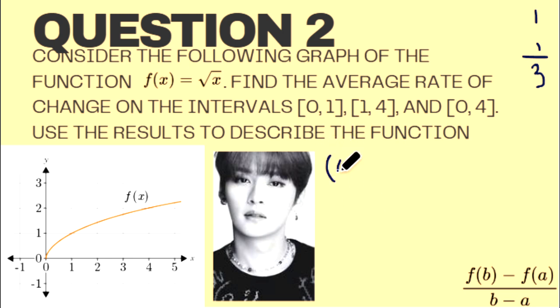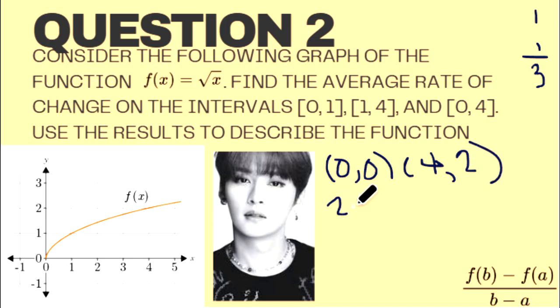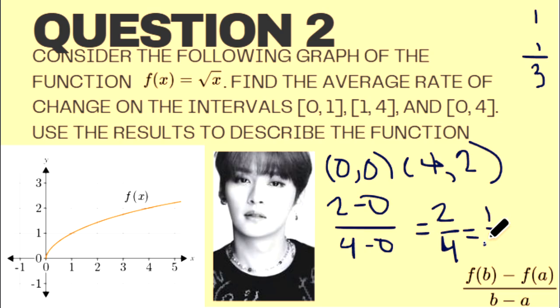When x equals 0, y also equals 0. When x equals 4, y equals 2. So that gives us 2 minus 0 over 4 minus 0, which gives us 2 over 4, which then gives us 1/2. So our final rate of change is 1/2, and it is also increasing.